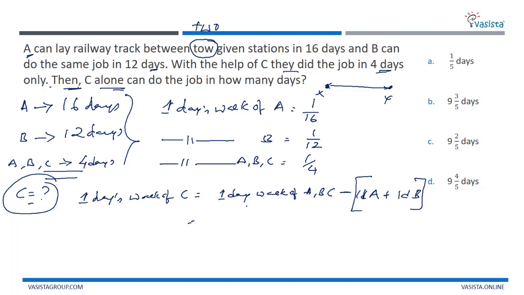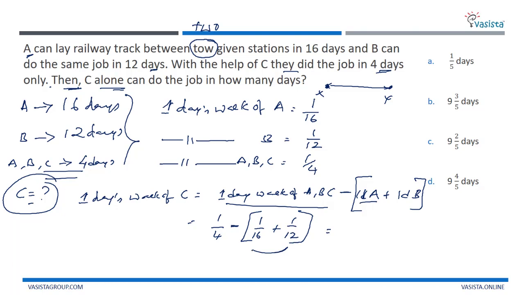Now 1 day's work of ABC is how much? That is 1 by 4, minus 1 day's work of A, which is 1 by 16, correct, plus 1 day's work of B, that is 1 by 12. Now simplify it, you will get the answer.